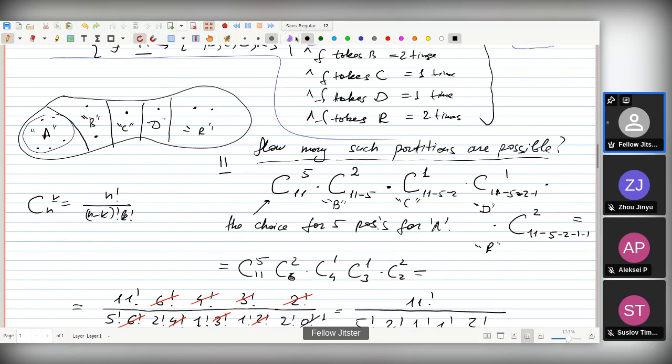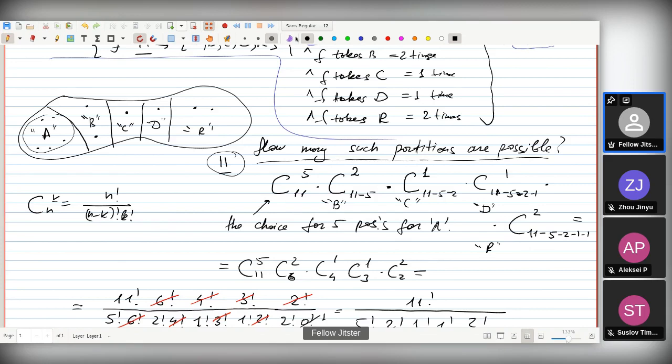And more abstractly, it is the number of labeled partitions of specified sizes. When we're interested in how many ways there are to split our set into labeled pieces, that is, it is important whether we have 5 elements for A or for B, into labeled pieces of fixed size. Is this idea clear?